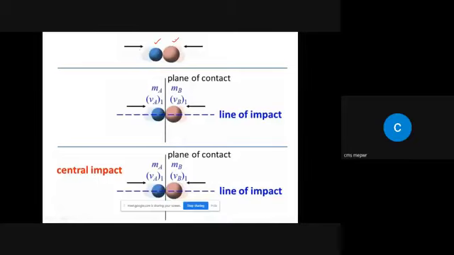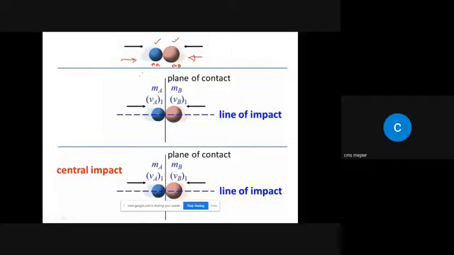Let's say object A has mass A, and the other one has mass B. Both objects have some velocity, meaning both are carrying some momentum, and they are coming towards each other, and finally they come in contact, or in other words they collide, right?